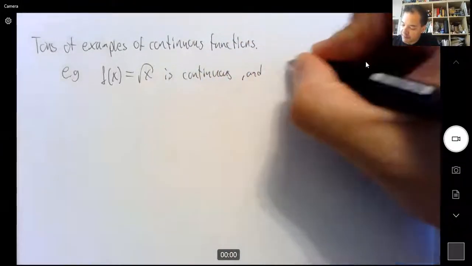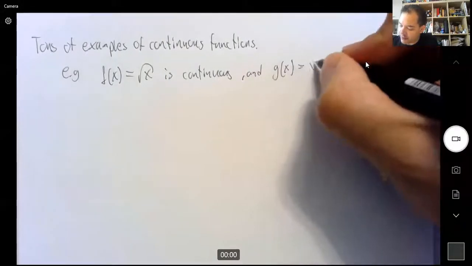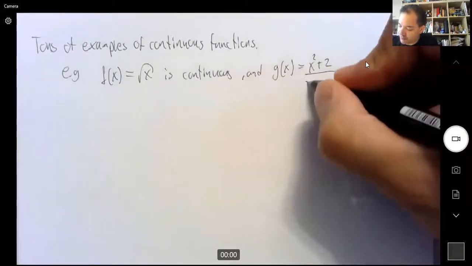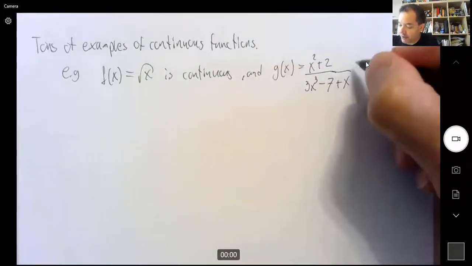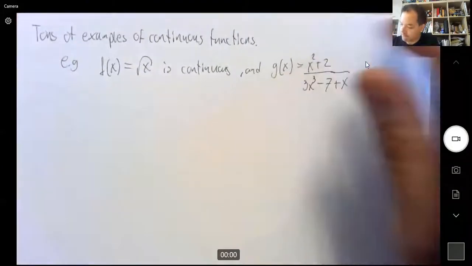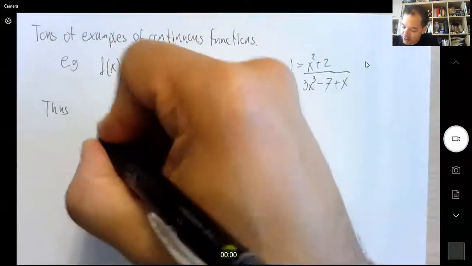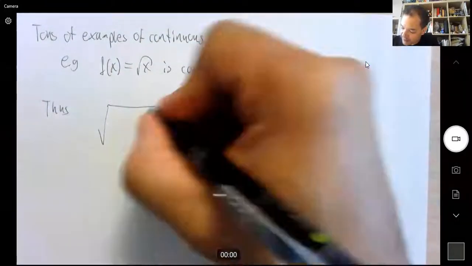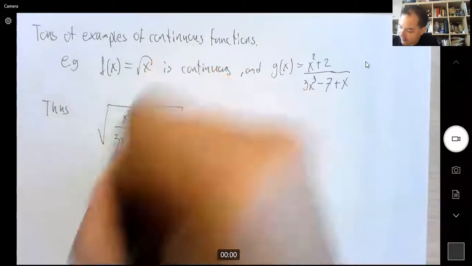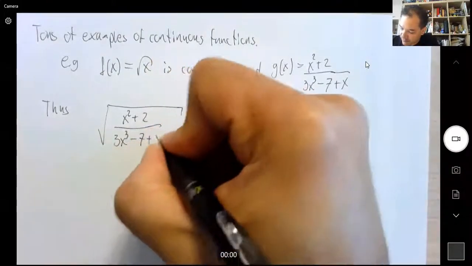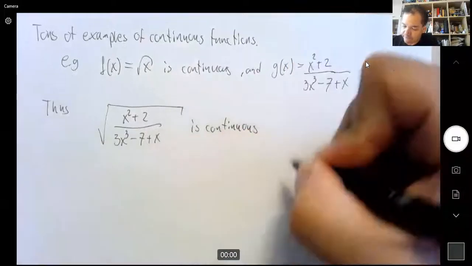And this one is continuous. G of x equals, say, x squared plus 2 over 3x cubed minus 7 plus x on its domain. Thus, this new function, which is the square root of that, is continuous, right?